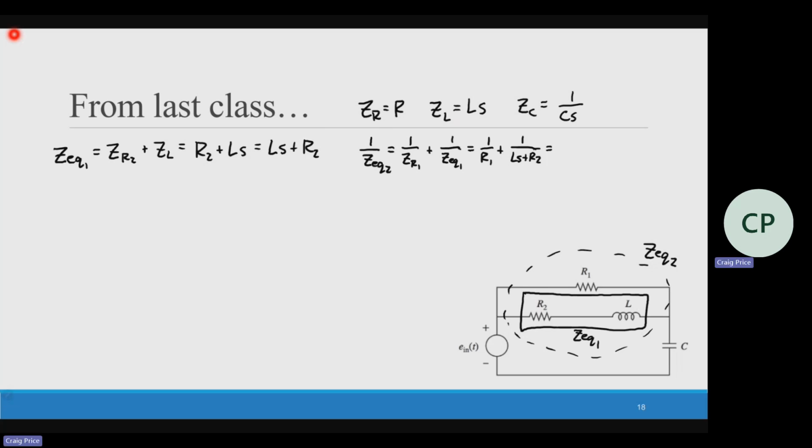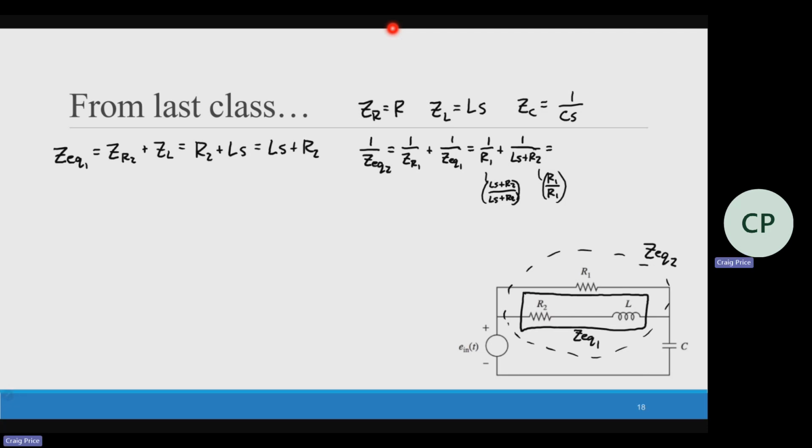This is going to be a little bit tricky, but we want a common denominator. So for example, I'm going to multiply this by LS plus R2 over LS plus R2, and I'm going to multiply this by R1 over R1 to get a common denominator.